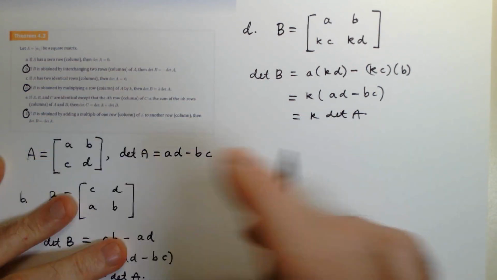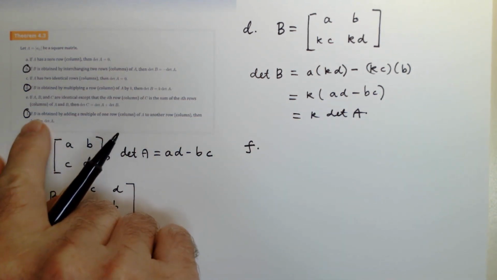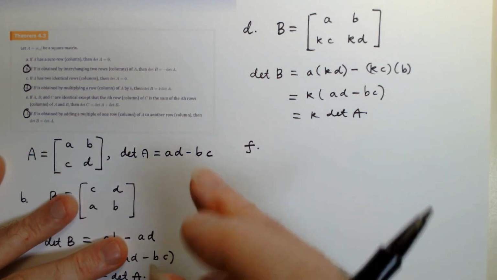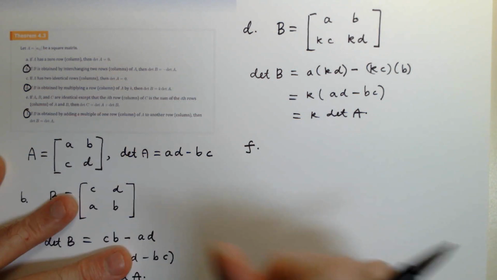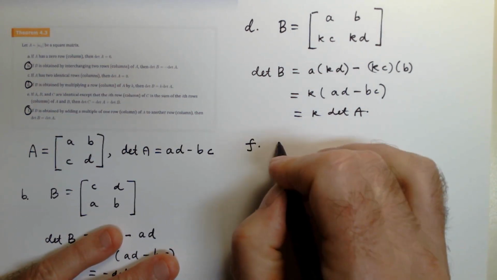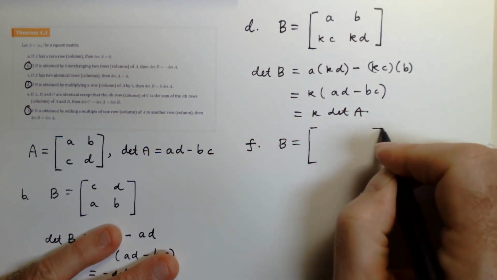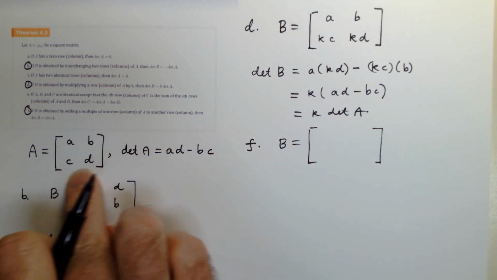Finally, let's look at property F. In F, B is obtained by adding a multiple of one row to another row, and then showing that the determinant of B is just the determinant of A. Okay, so let's imagine that we form B by taking lambda times row 1 and tacking that onto row 2.